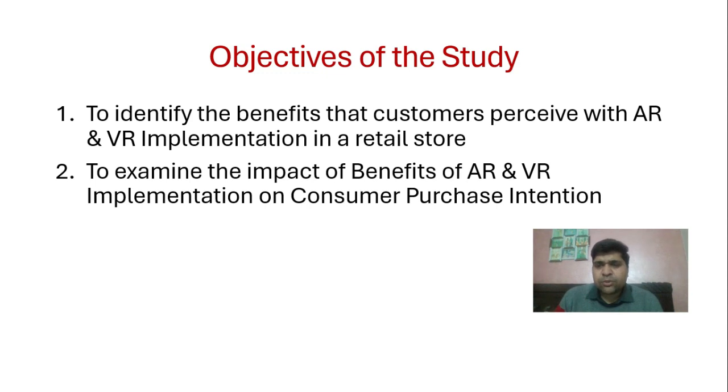We should use a consistent term, either consumer or customer, at all the places. Perceive with AR and VR implementation in a retail store. Next is to examine the impact of benefits of AR and VR implementation on consumer purchase intention. Simply stated, two objectives.